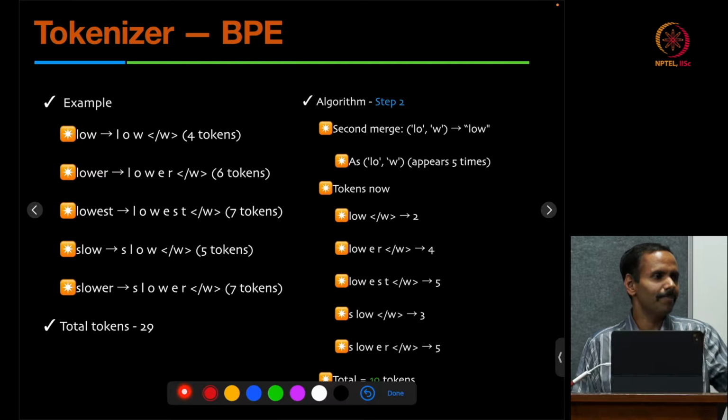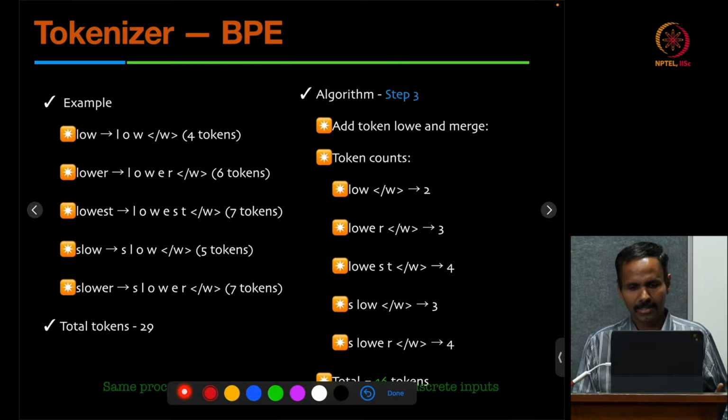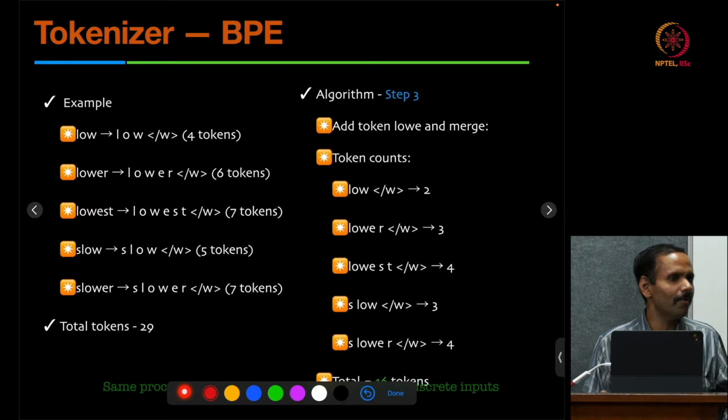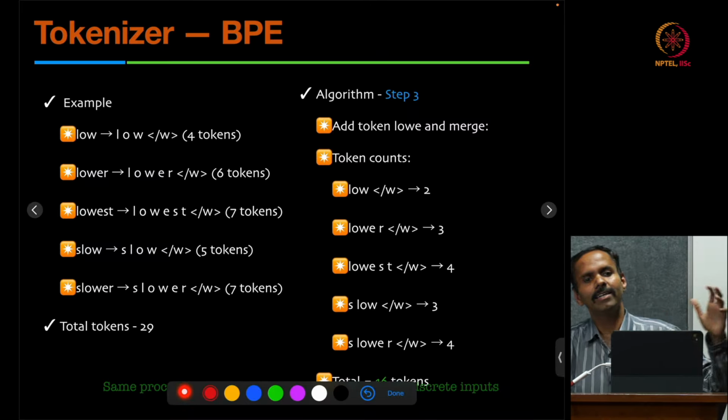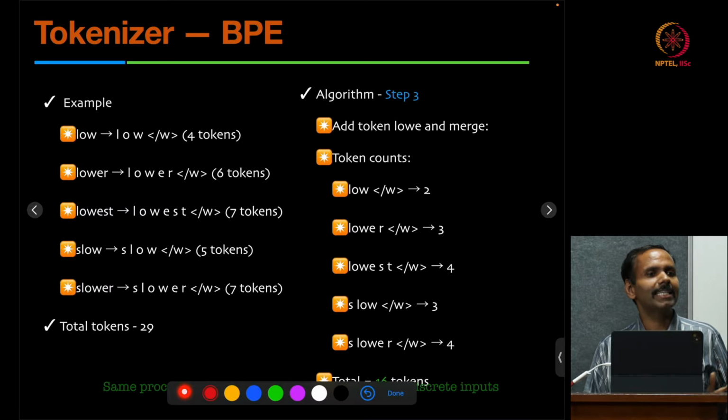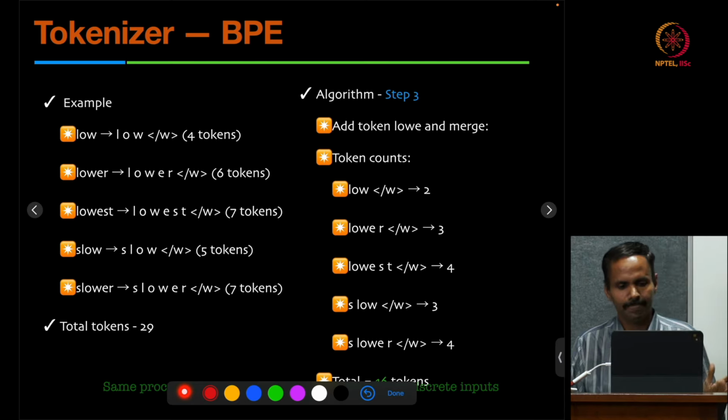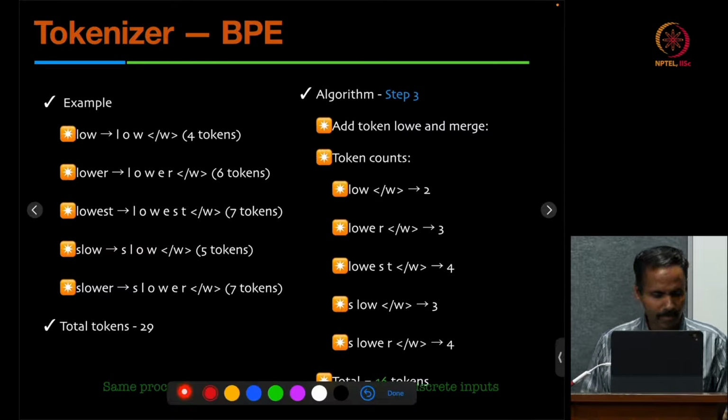So you can keep repeating this till the cows come home, or till you say that, okay, I have reached the maximum number of tokens that I want. I don't want to go any further. Say in your language model, you can accommodate at the most 50,000 tokens. Then you keep merging till you have reached 50,000, right?